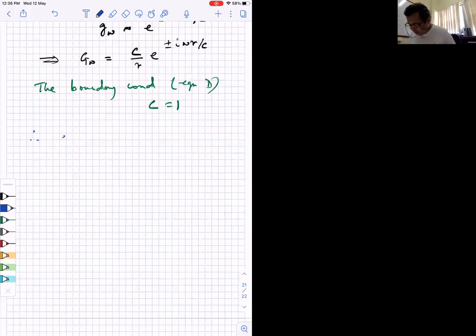So therefore, I have a solution for GW of r minus r prime, which now you can see is 1 over r minus r prime, e to the power plus minus i omega (r minus r prime) by c.